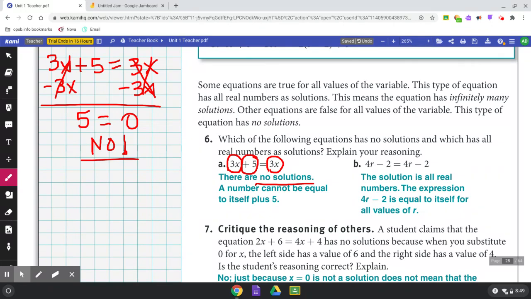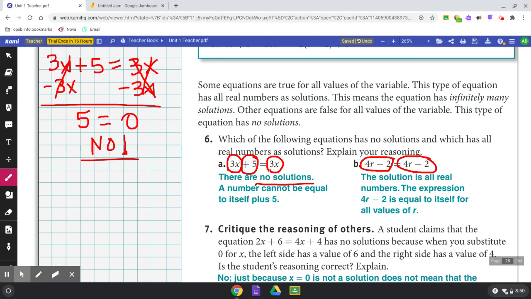Look here, 4r minus 2 is equal to 4r minus 2. It's the same expression on both sides of the equal sign, so I can just stop there. That means this is infinitely many. It doesn't matter what value I substitute in for r.